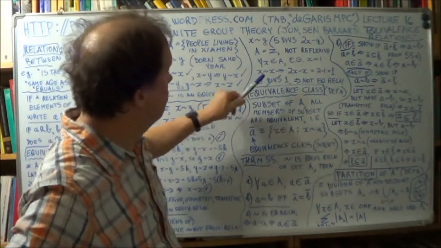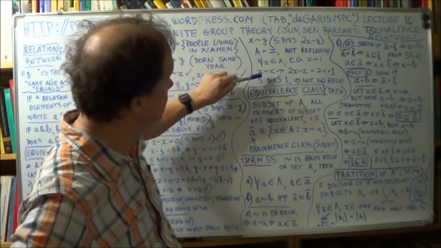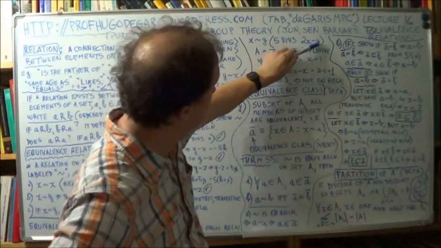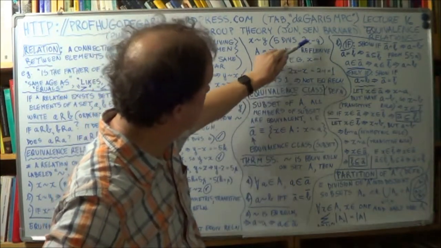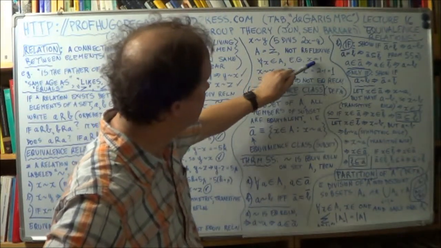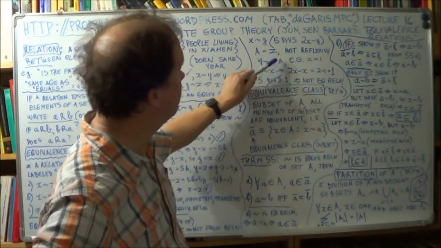Well, let's test. Is it reflexive? Is it true that x tilde x? If that's true, your y is now x, so you would have 2x minus x, and x can be any member of your integers.